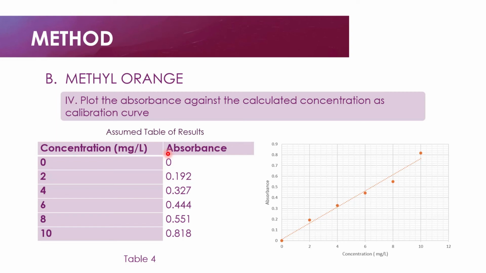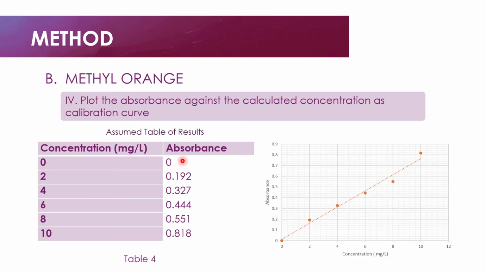So this is the assumed table of results for our experiment. If you look at the table, we have our calculated or known concentrations over here for the first test tube to the 6th test tube, and these are the respective absorbance values obtained.